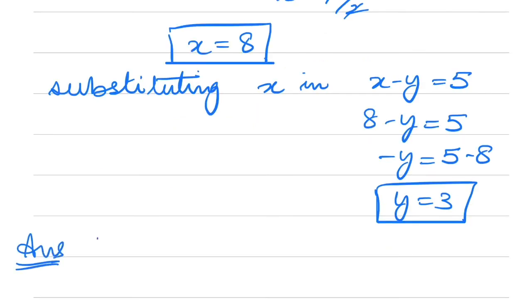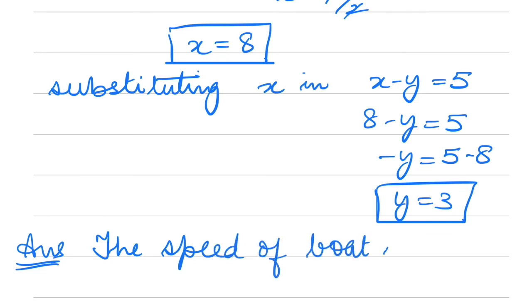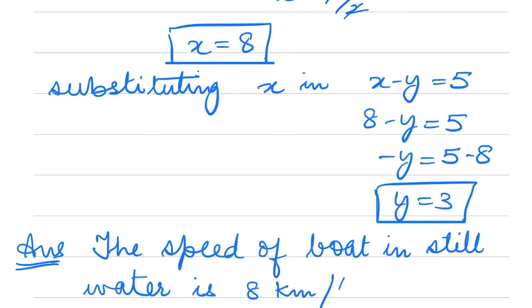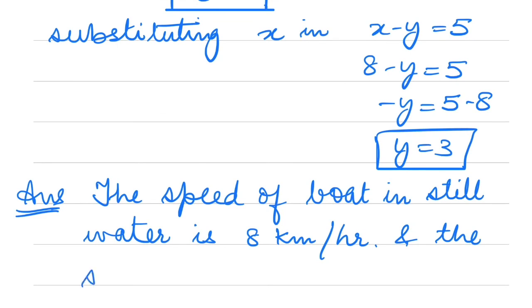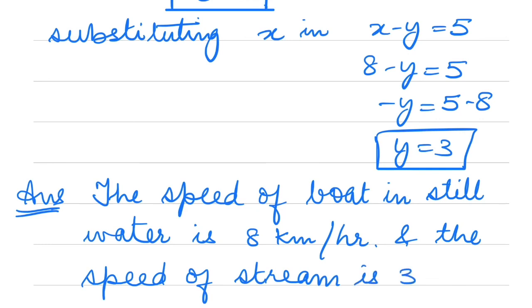Answer: the speed of boat in still water is 8 km per hour and the speed of stream is 3 km per hour.